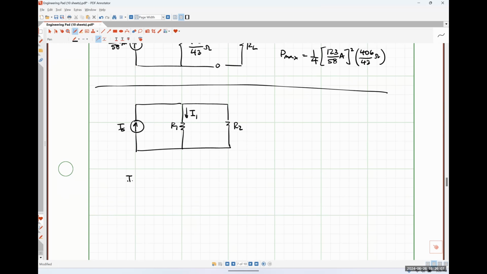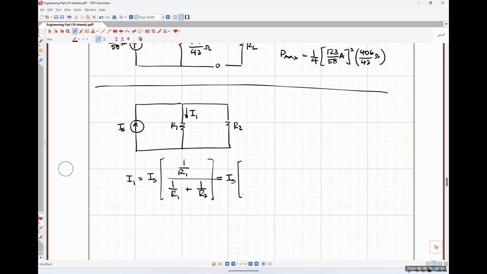So how I taught things in class is that that current I1 should be the current IS multiplied by 1 over R1 divided by 1 over R1 plus 1 over R2, right? So what I'm going to do is play around with that a little bit here.